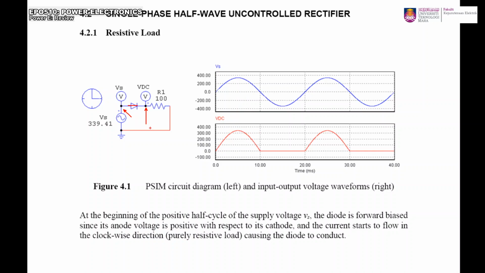During the negative half cycle, the diode will be reverse biased, and the current starts to flow in the opposite direction, anti-clockwise, but because this is reverse bias, the diode will be turned off, so it will appear as an open circuit. Therefore there is no current flow, the voltage drop across R will be 0, and that's why for the negative half cycle you're going to see that the voltage is 0.